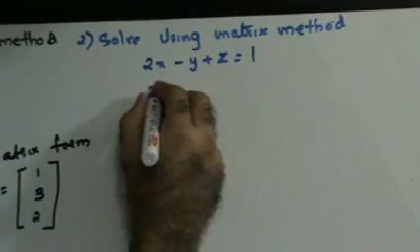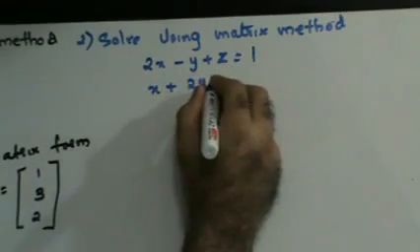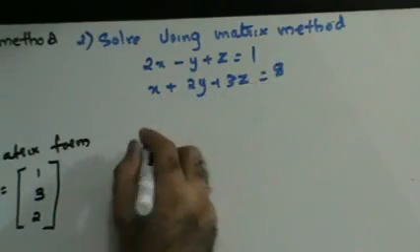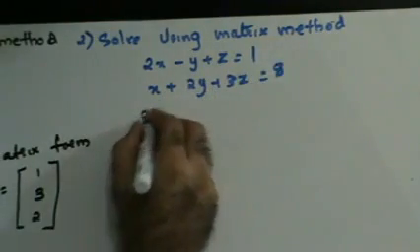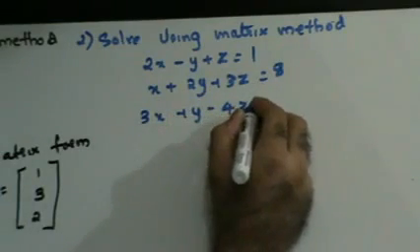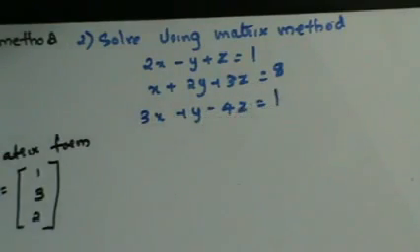X plus 2y plus 3z is 8, and 3x plus y minus 4z is 1. Right? How do I solve this?